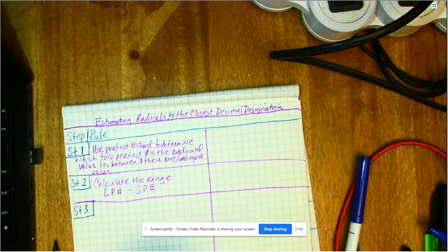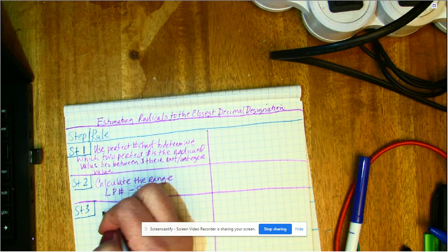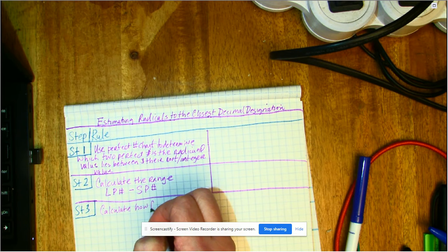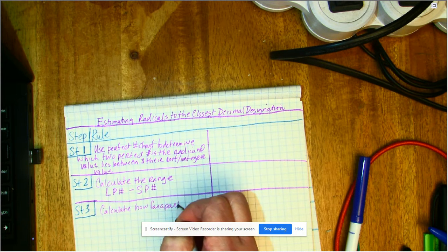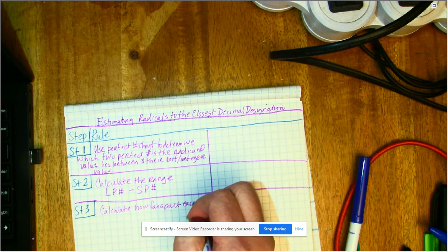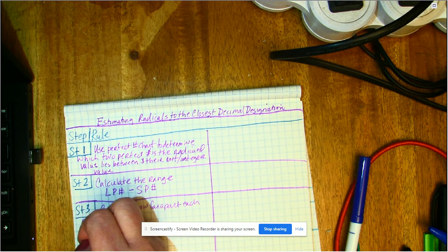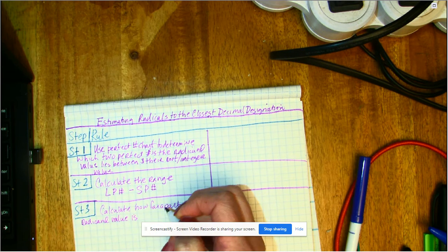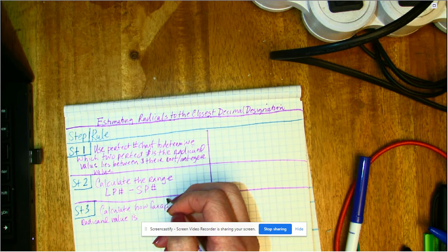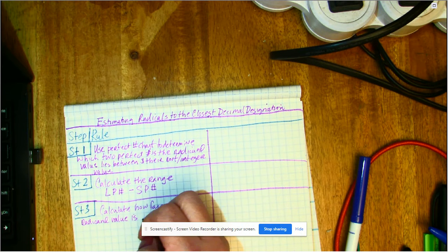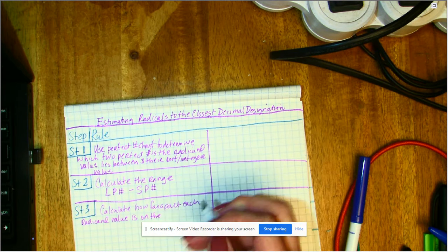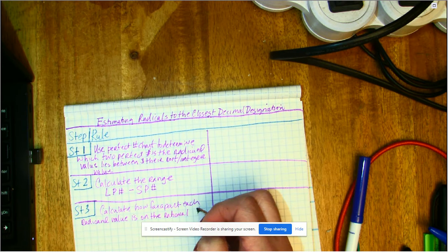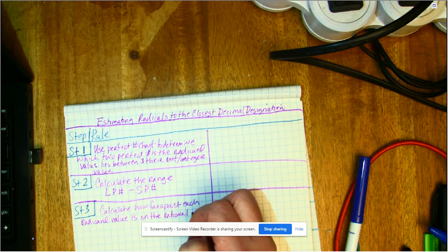Step 3. Calculate how far apart each radicand value is on the rational number line.